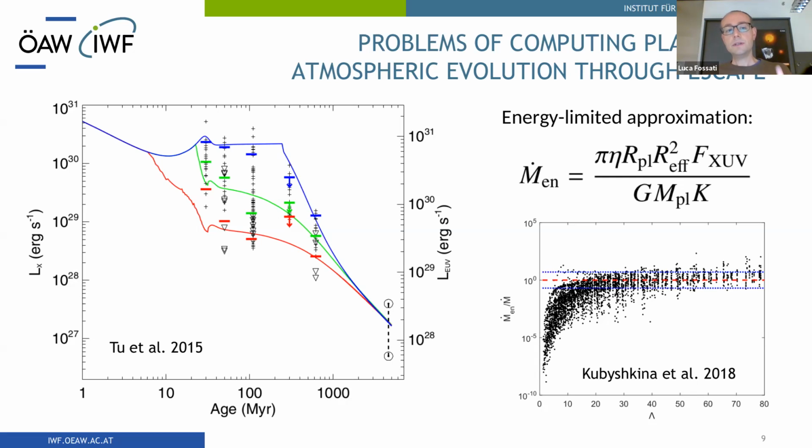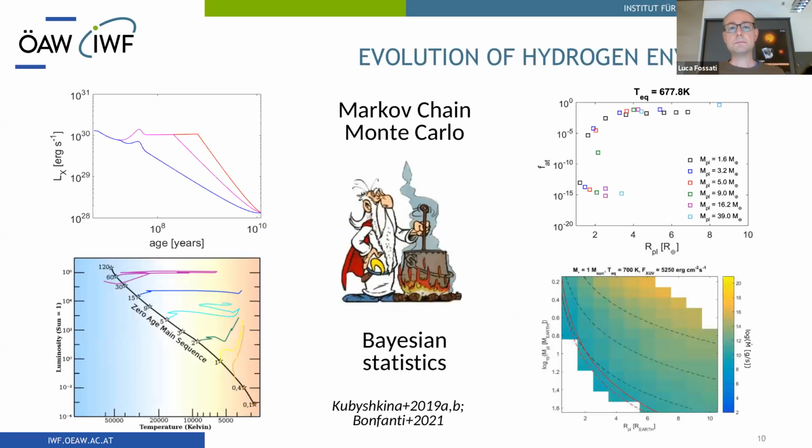The solution to the first problem I showed you is that we take that as a result of the simulation. So it works this way. We essentially take an analytic formulation of how the high energy emitted by the star evolves with time.